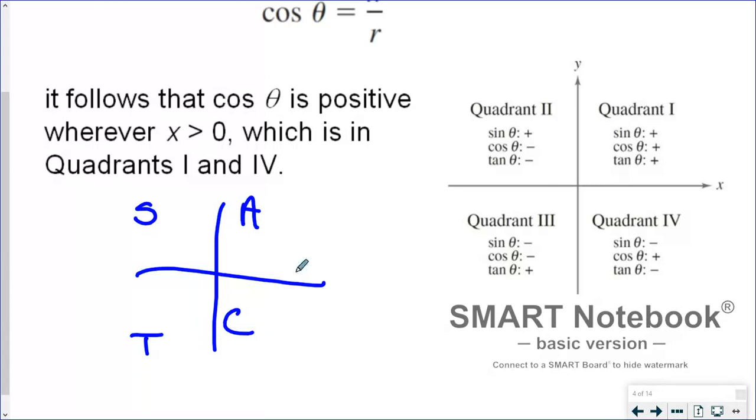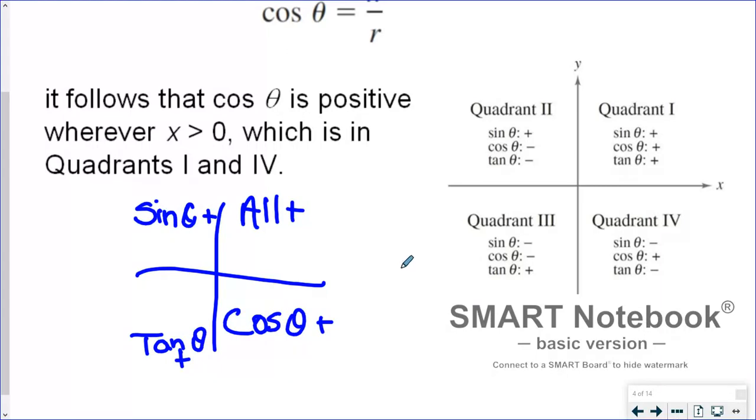In the first quadrant, all of our trig functions are positive. In the second quadrant, just sine is positive. In the third quadrant, tangent is positive. And in the fourth quadrant, cosine is positive.